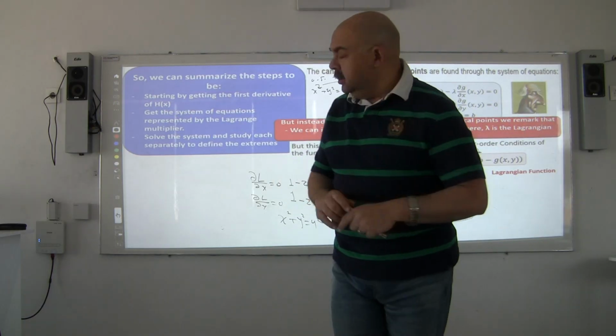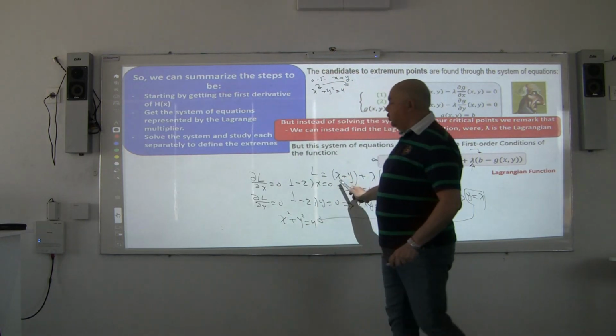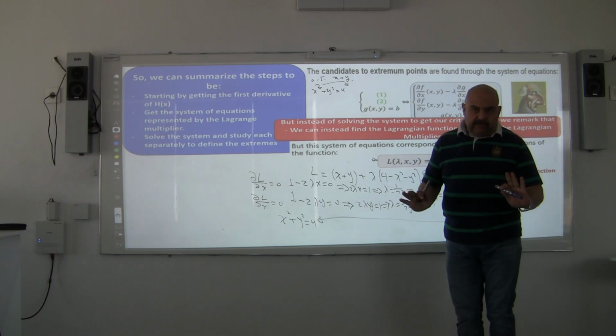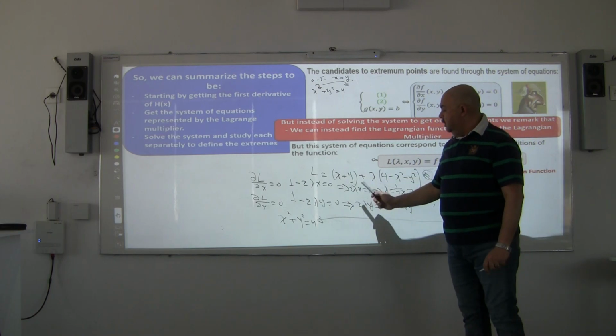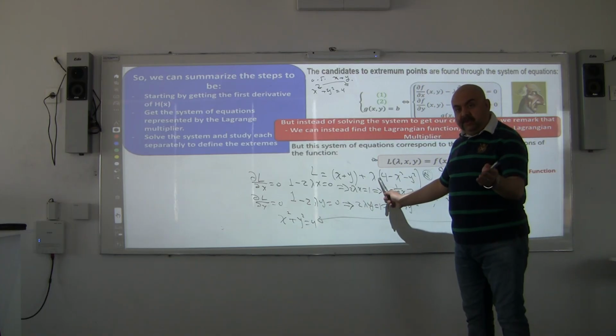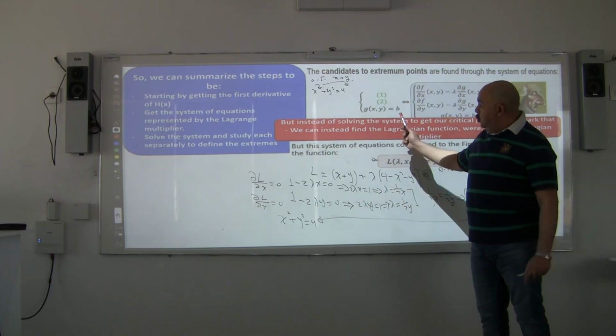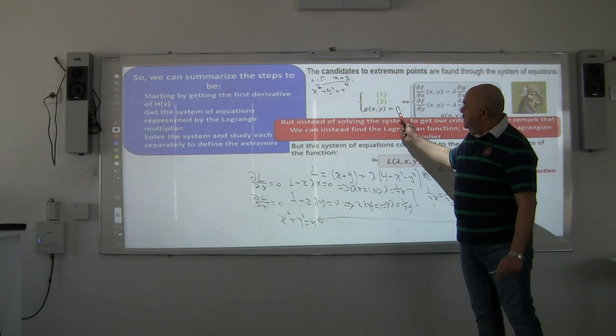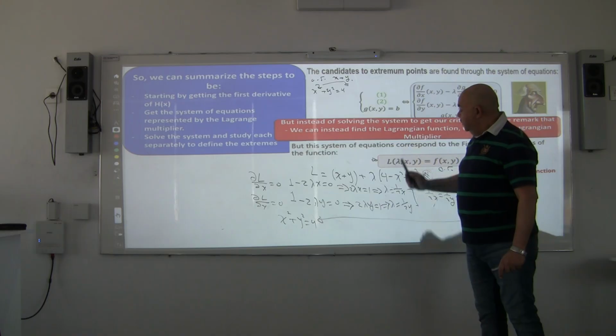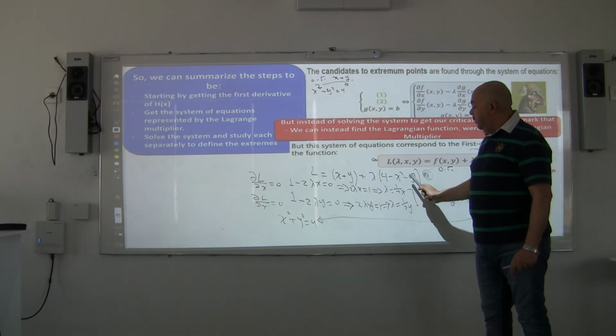The third method is the Lagrangian method, which is really very simple. It's simply the objective function plus some lambda, which is greater than 0, times the condition that's given, b minus g of x y. So it's going to be 4 minus x squared minus y squared.